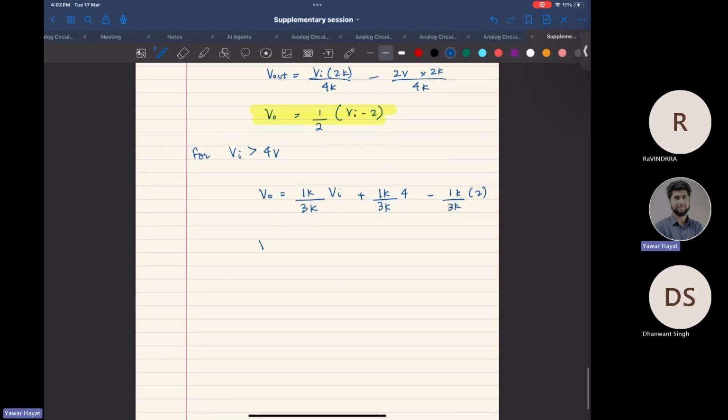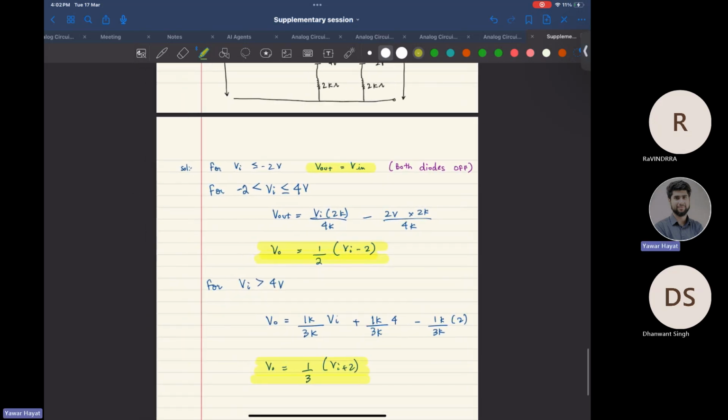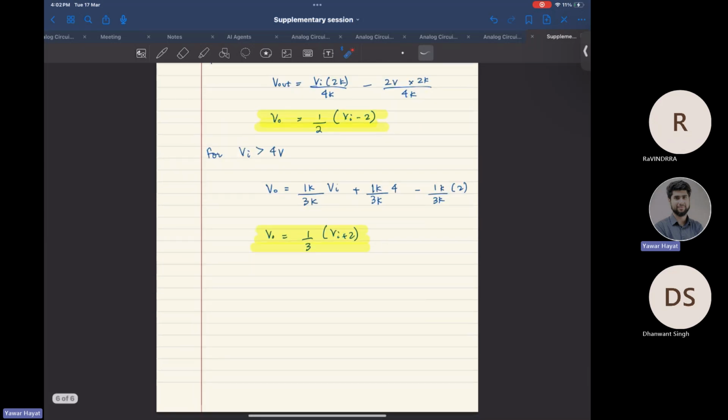If you simplify this, your V output would be 1 over 3 Vi plus 2. So this would be my piecewise definition of V out in terms of V input. If my range is this, my V out would simply be V input. If my range is between minus 2 and 4 volts, I'll have this definition of V output. And if Vi is greater than 4 volts, then my V output would be this. Correct?